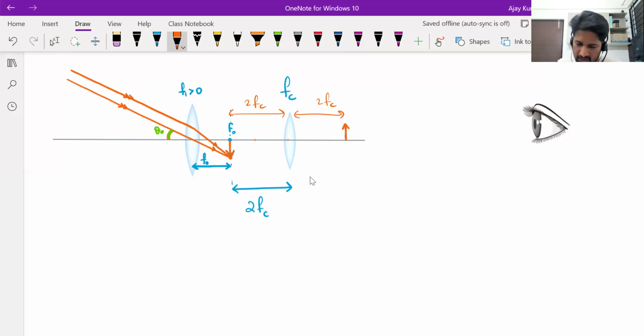What size will that inverted image be? We call this height as h1. This height will also be h1 itself. Why? Because if object and image are formed at the same distance on either side, object height and image height are going to be the same.